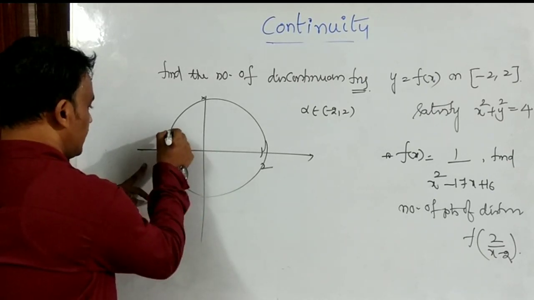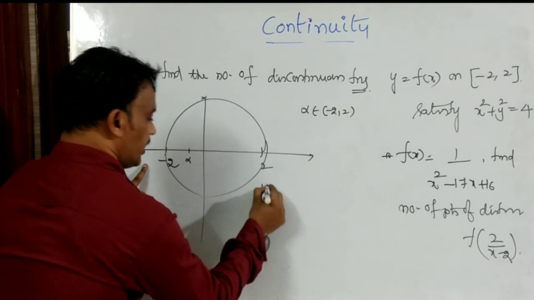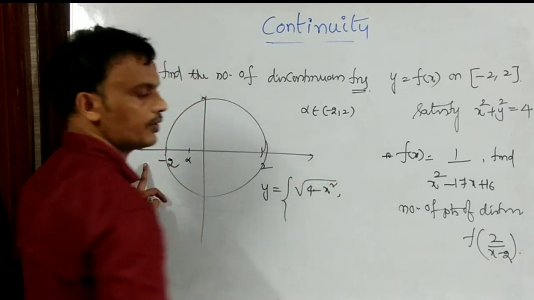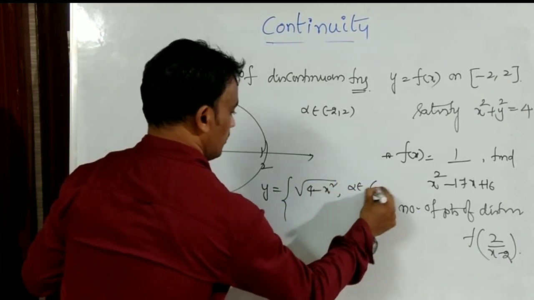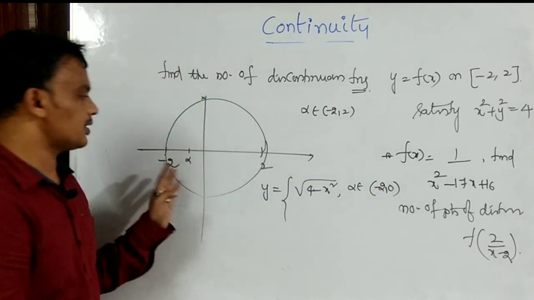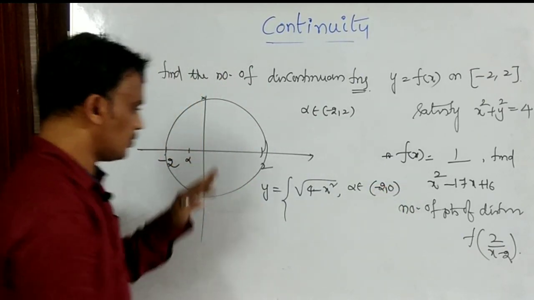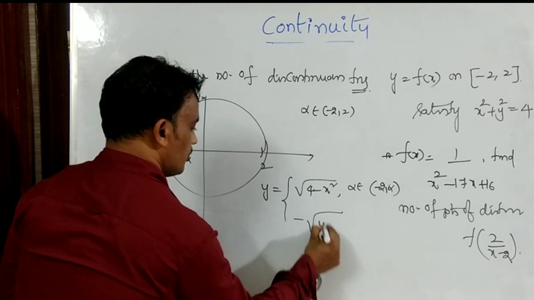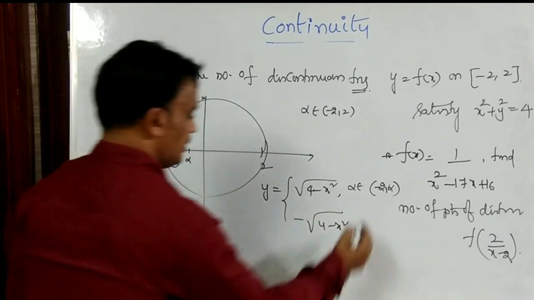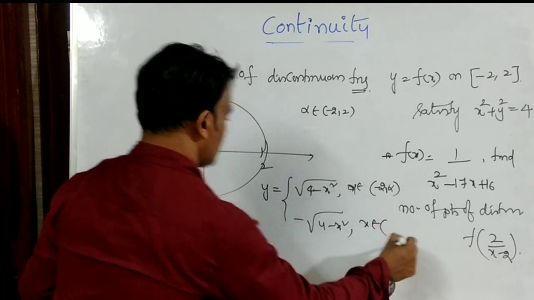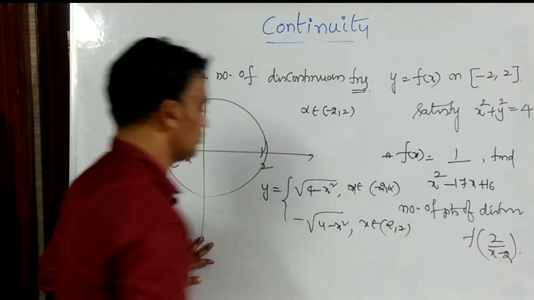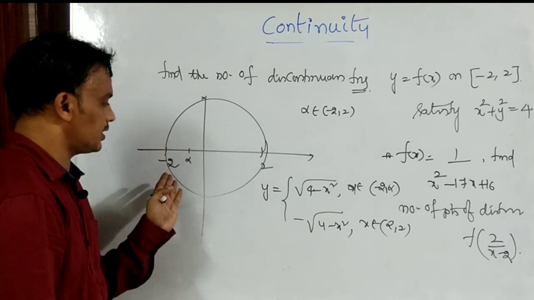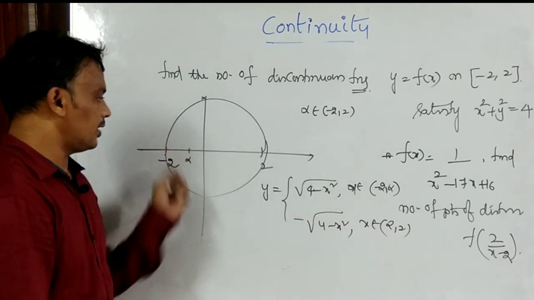Define y equals square root of 4 minus x square when x belongs to minus 2 to alpha, and y equals minus square root of 4 minus x square when x belongs to alpha to 2. Like this we can define infinitely many discontinuous functions satisfying this equation.